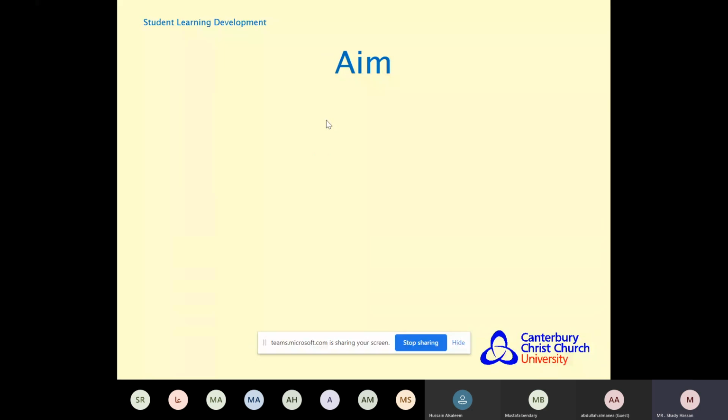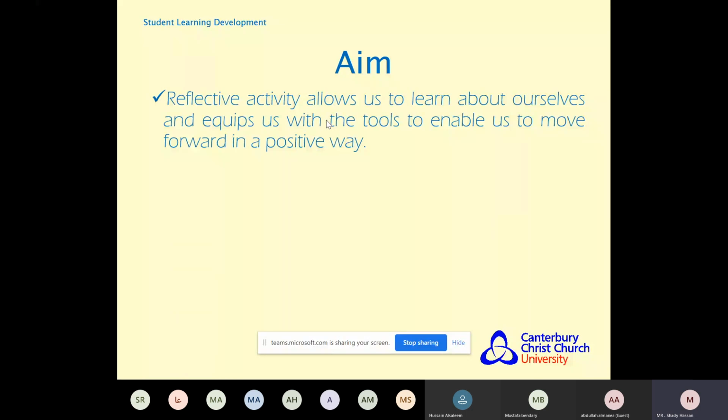What's my target or my aim? What's my goal? Reflective activity allows us to learn about ourselves and equips us with the tools to enable us to move forward in a positive way.